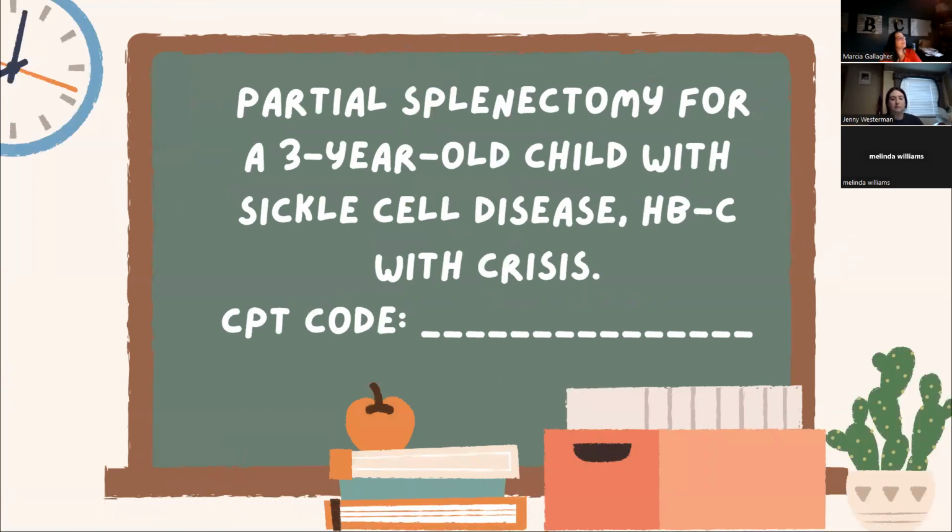Partial splenectomy for a 3-year-old child with sickle cell disease, HBC dashed with crisis. But really, I did not add any ICD-10 coding. I just did CPT. So what is our procedure? What are we doing? Splenectomy.